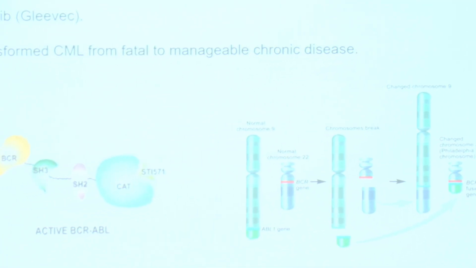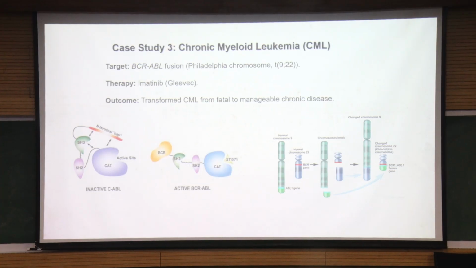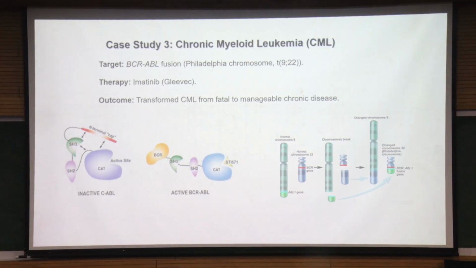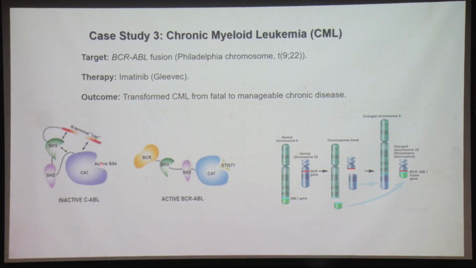So what happened, and how did it become a billion-dollar drug and save the lives of millions of people? There is a kinase called ABL. In normal cases it is off, and it is turned on only for a very short period of time and then turned off again. This is ABL, inactive.